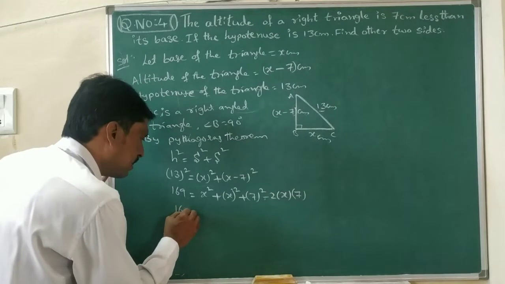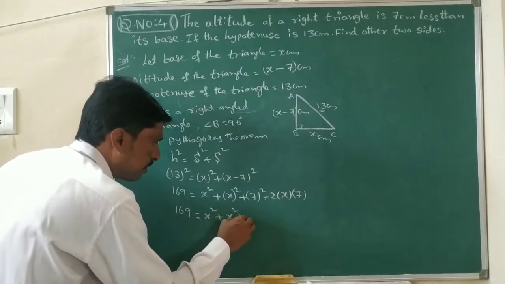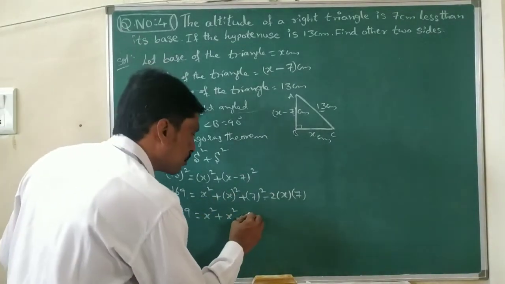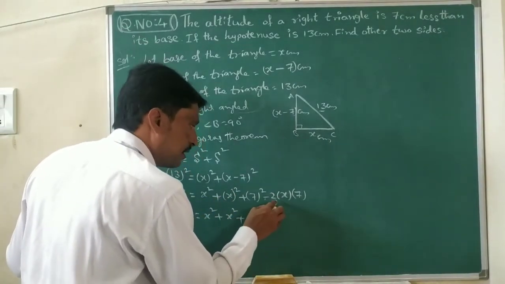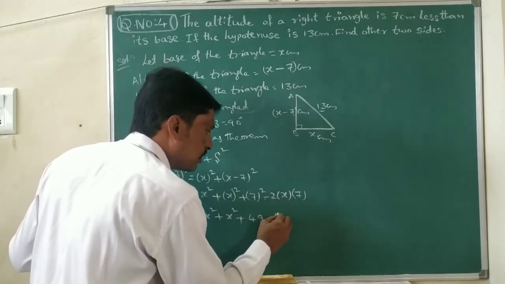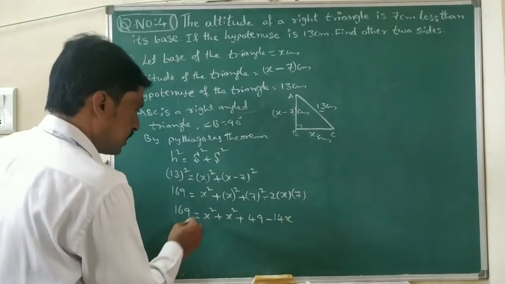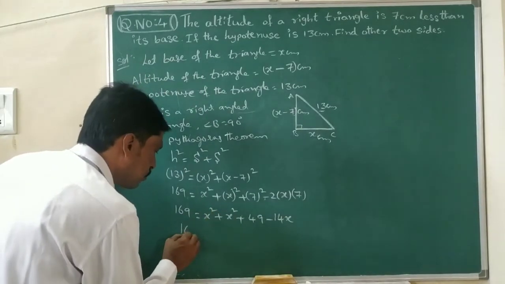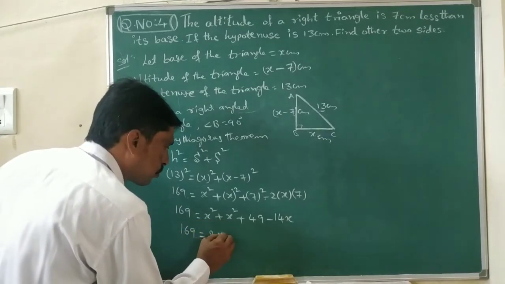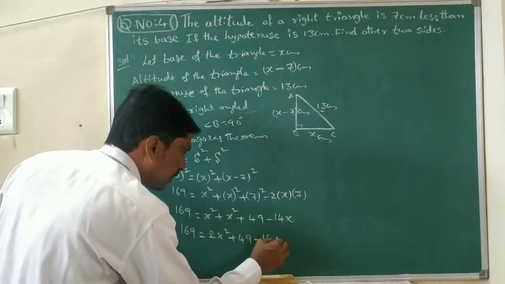So 169 equals x square plus x square plus 7 square, that is 7 into 7, 49, minus 2 into x into 7, that is 14x. So 169 as it is, x square plus x square, 2x square, plus 49 minus 14x.